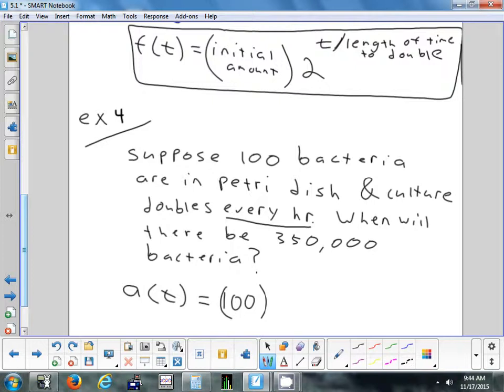So we've got our initial amount. And what comes after the initial amount? Yep, it's going to be exponential growth. So what comes after the initial amount?